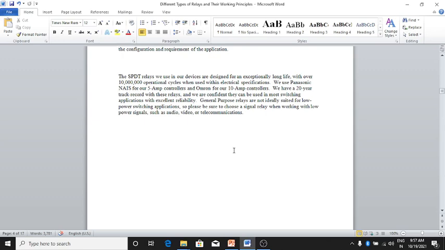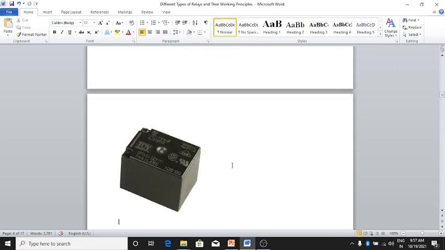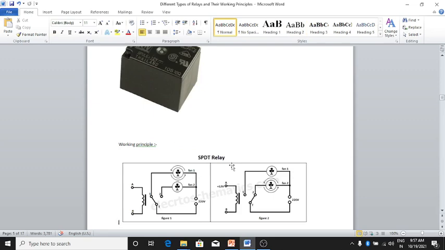Omron, Panasonic, these are the companies which manufacture the relays or controllers for low power signal, audio, video, and telecommunication applications. This is the DPDT.